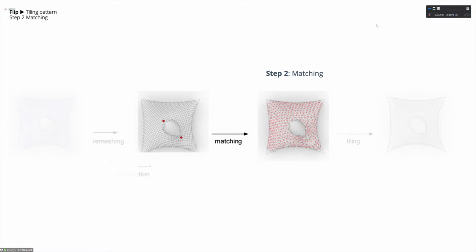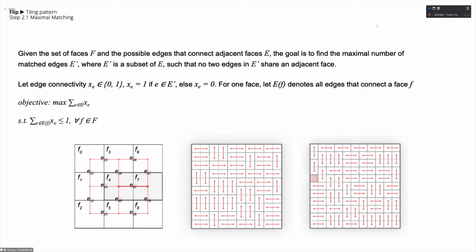Based on this quad mesh, the arrangement of rectangles can be generated by connecting pairs of adjacent faces, which is the second step, the matching. So each rectangular face represents half a tie. To generate a rectangular tie, one face can only be connected either one time or 0 times. If it is not connected, then with 0 times, this face represents a half tie.